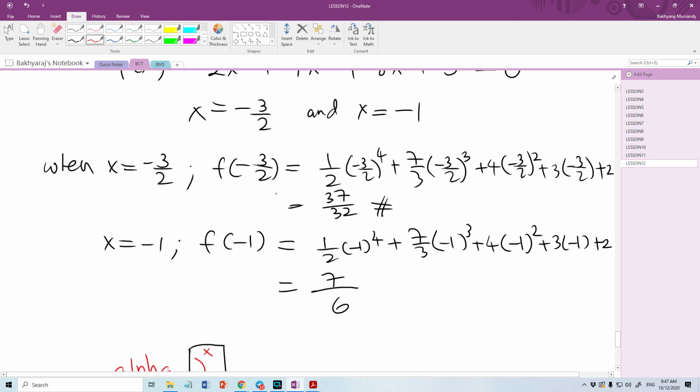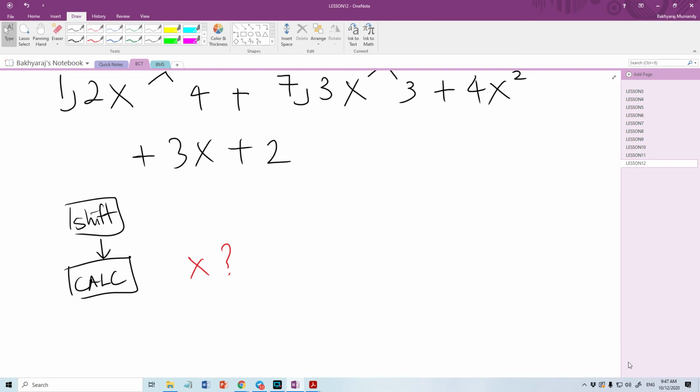So, saya nak masuk sini negative 3/2. Saya type negative 3/2, dan lepas tu tekan sama dengan.